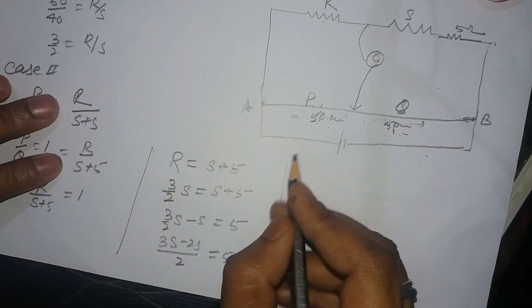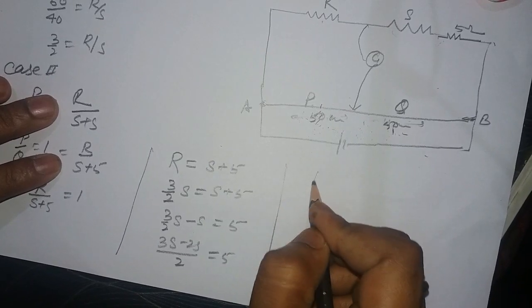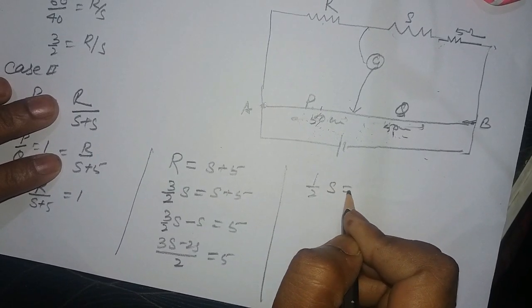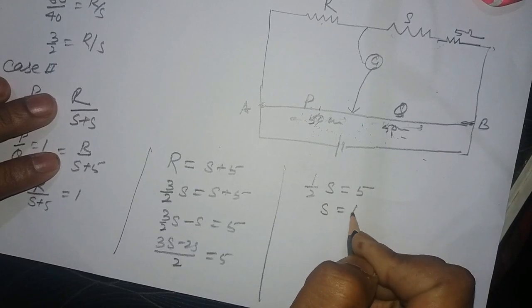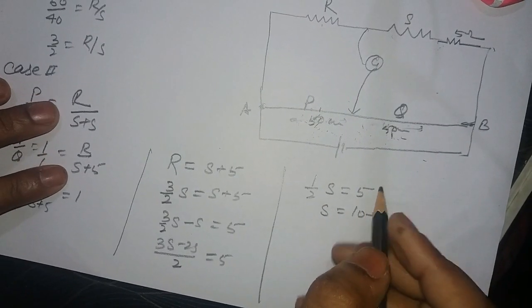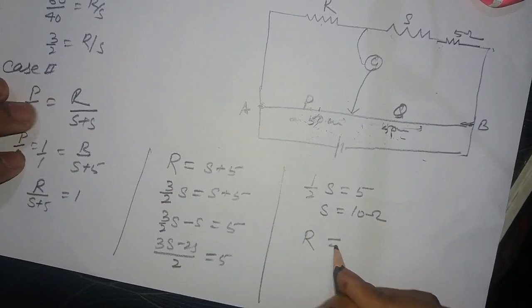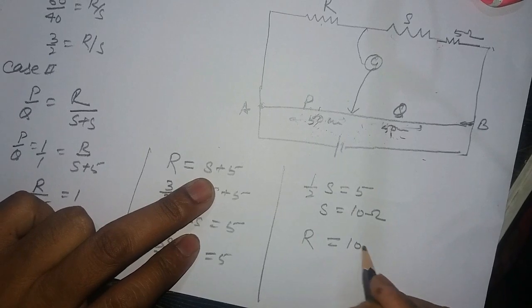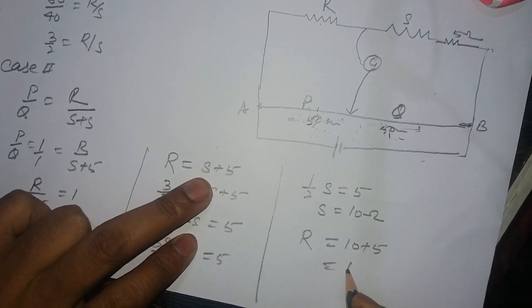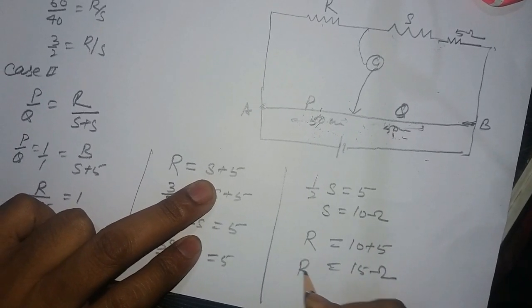That is 1 by 2 S equal to 5, S equal to 10 ohm, and R, substitute the value of S in this equation. R equal to 10 plus 5 equal to 15 ohm.